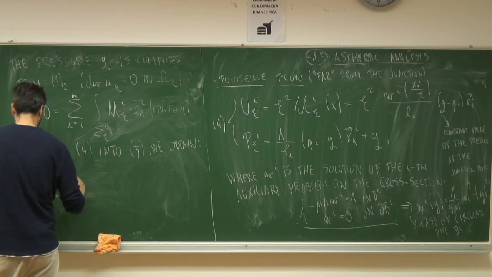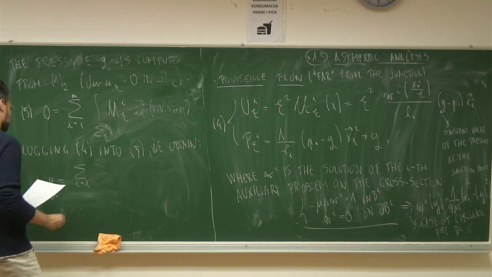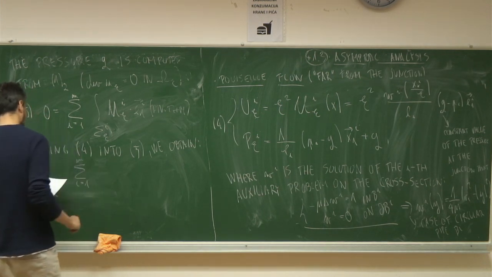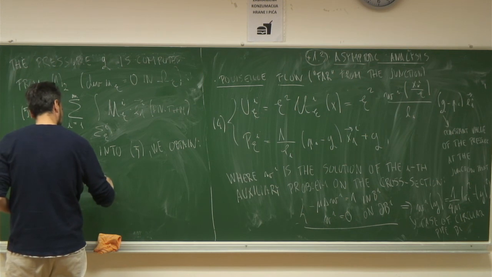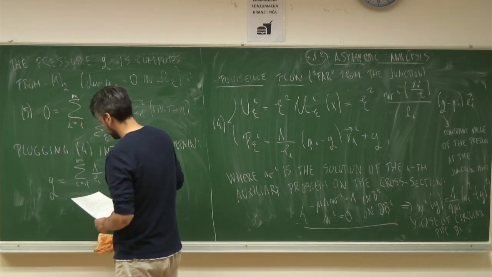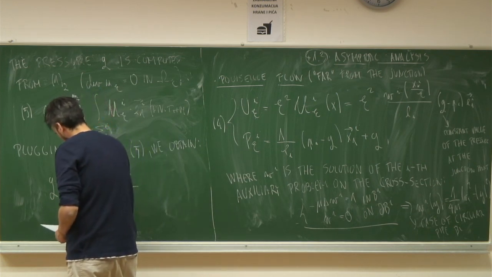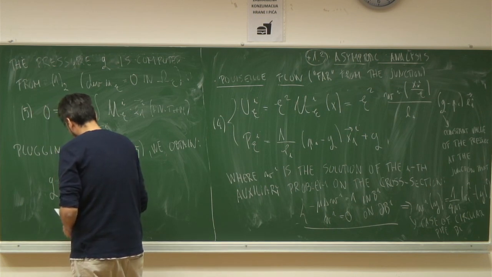So q is the sum from i = 1 to m of 1 over L_i R_i to the fourth π_i, over the sum i = 1 to m of 1 over L_i R_i to the fourth.